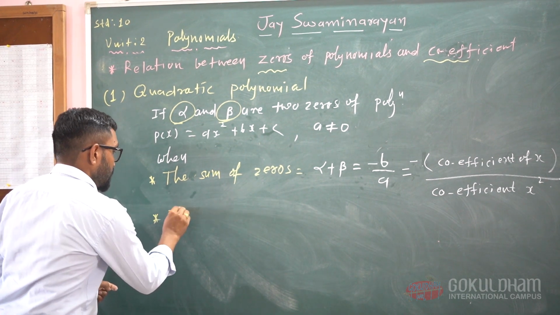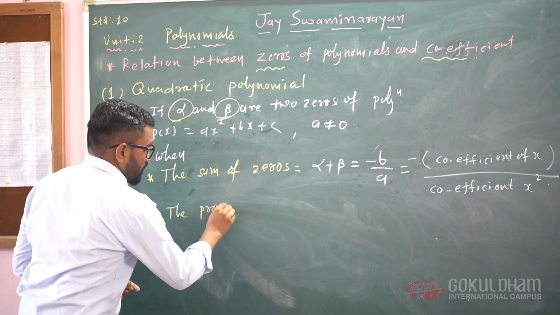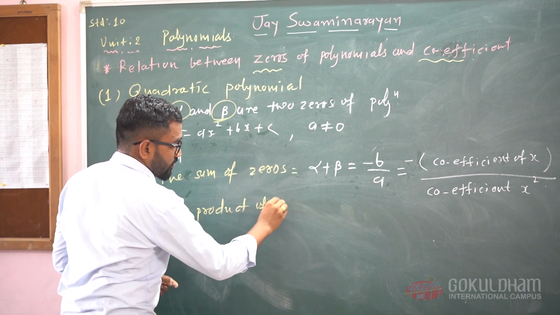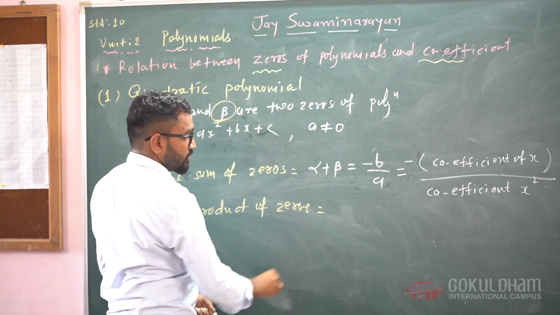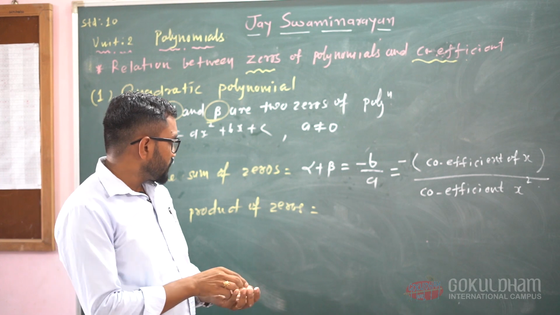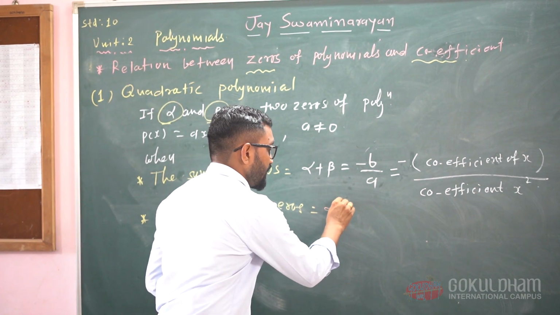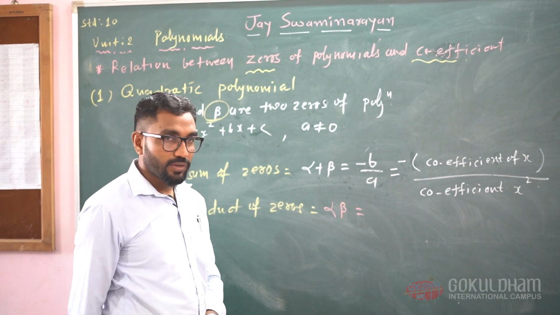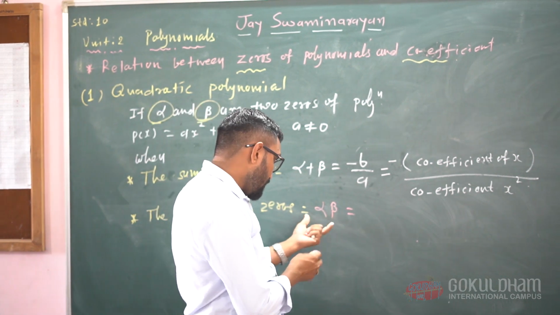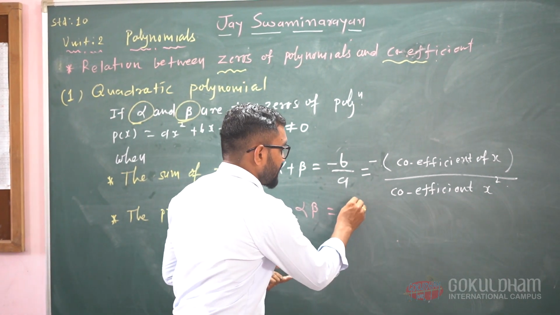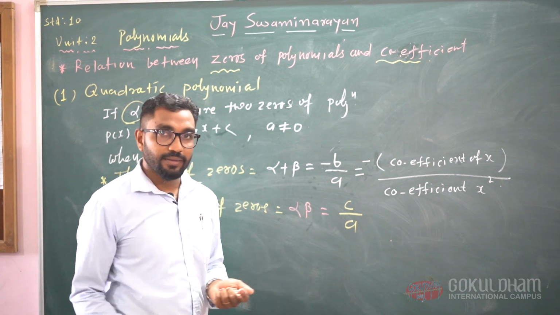Now the product of zeros. The product of zeros means multiplication, alpha into beta, equal to c by a.